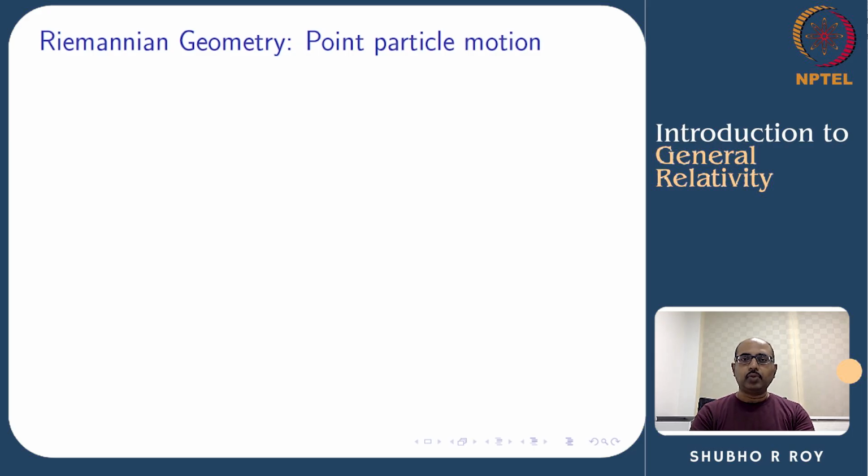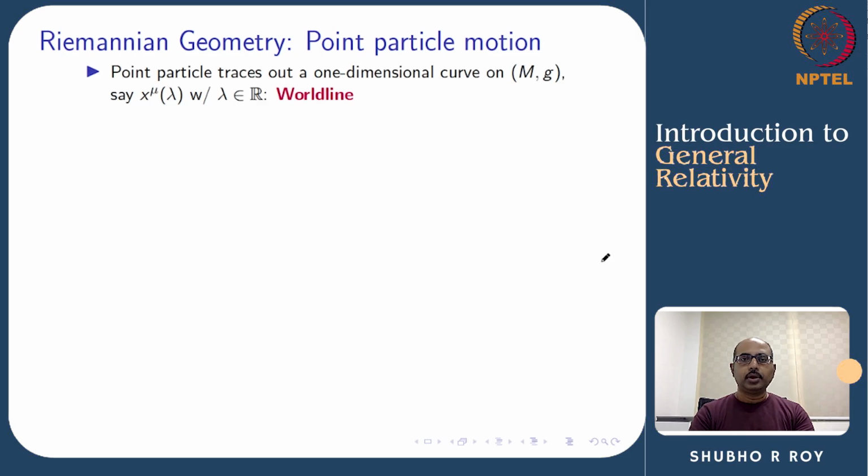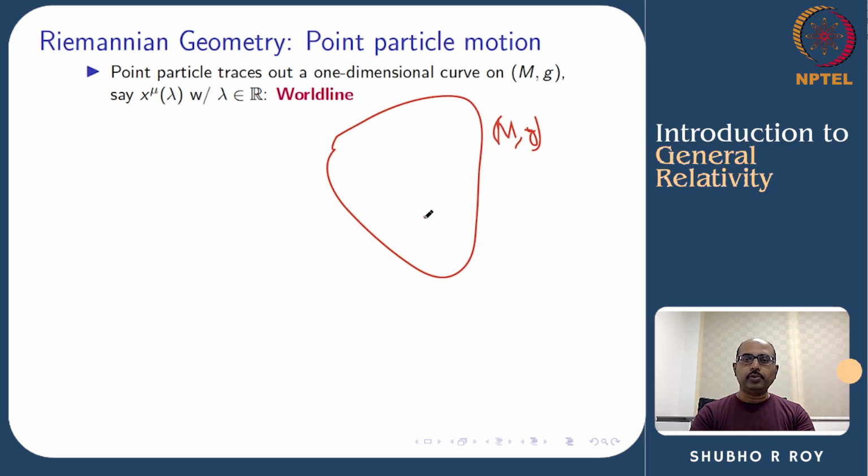Okay, let's start with the motion of a point particle on a Riemannian manifold. So, if we consider a Riemannian manifold (M, g), then a point particle moving on this manifold will trace out a one-dimensional curve, which is given by x^μ(λ).